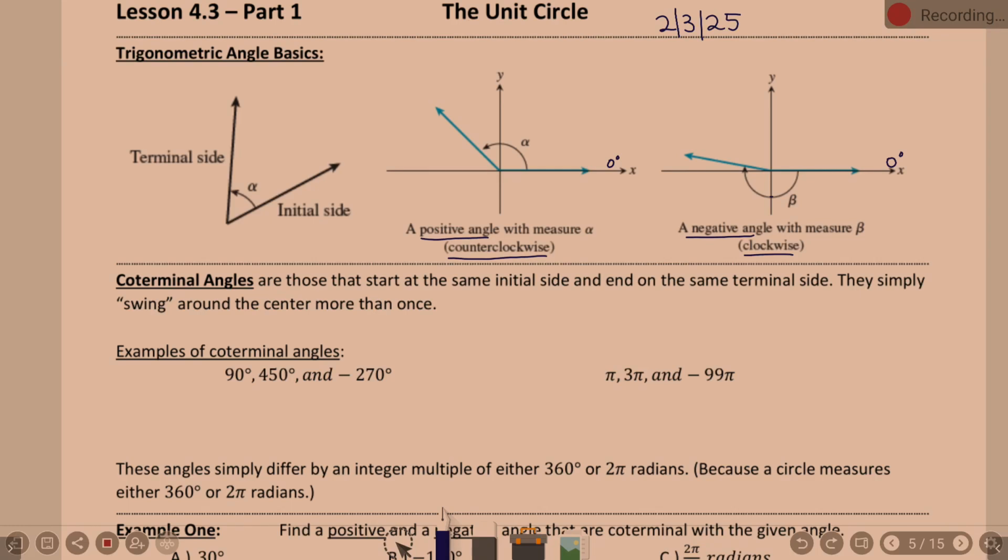So as we talk about coterminal angles, while it can be one angle showing, it can have lots of names for it, based on whether you went in the positive direction or the negative direction to get there. Coterminal angles start at the same side, they end at the same side. They just may take a different route getting there.